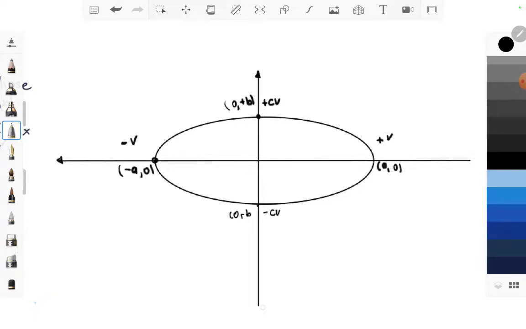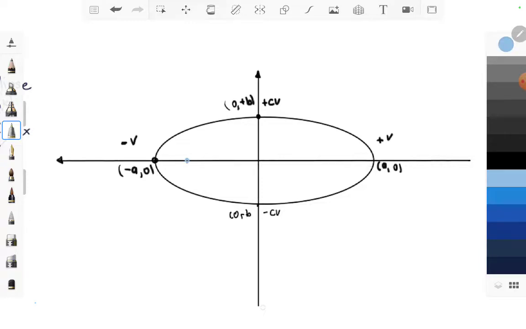Now, take note that an ellipse is a locus of a point P that moves in such a way that the sum of its distances from two fixed points f1 and f2 is constant. So take note that our f1 and f2 are the foci of our ellipse.